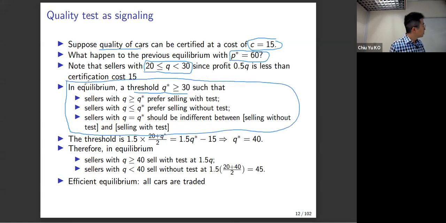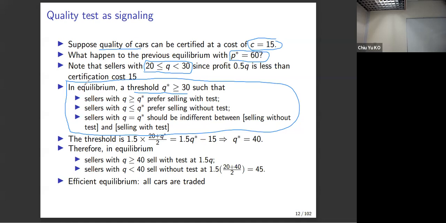And I think it's natural to see it, is if you're a very good car, you would do the certification. If not so big, then you don't do it. Of course, if they're very low, then you don't sell it, right? So that would be the thing. But there will be someone in the middle indifferent. That's cutoff strategy there.